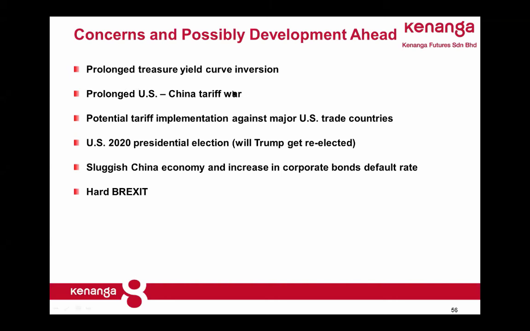And then also, as you might be aware, our friend Mr. Donald Trump might implement tariffs on other major US trade partners, which currently are Canada and the EU, and previously he planned to implement tariffs on Mexico, but pulled back at the last minute.